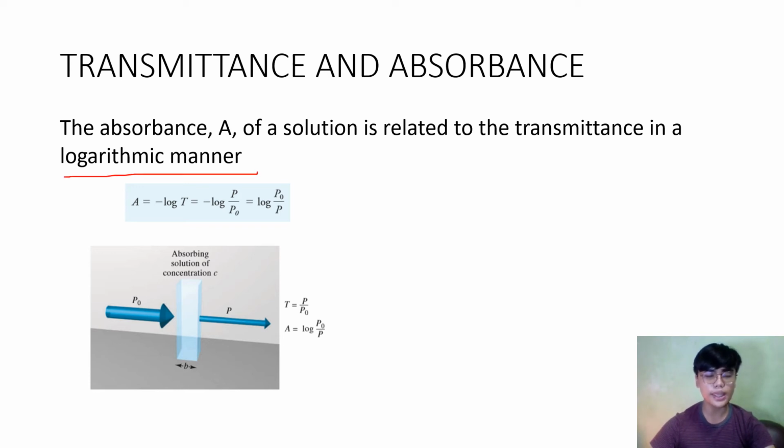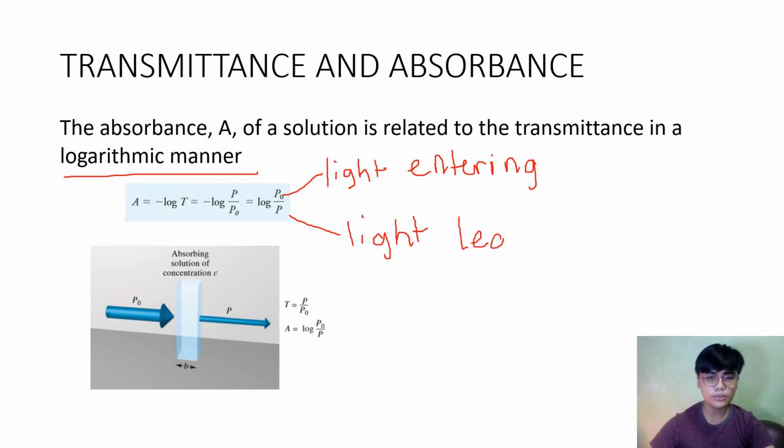It has this equation: A is equal to negative log transmittance, which is equal to negative log P over initial P, which is equal to log initial P over P, wherein this initial P corresponds with the light entering the sample, and this P corresponds with the light leaving the sample.